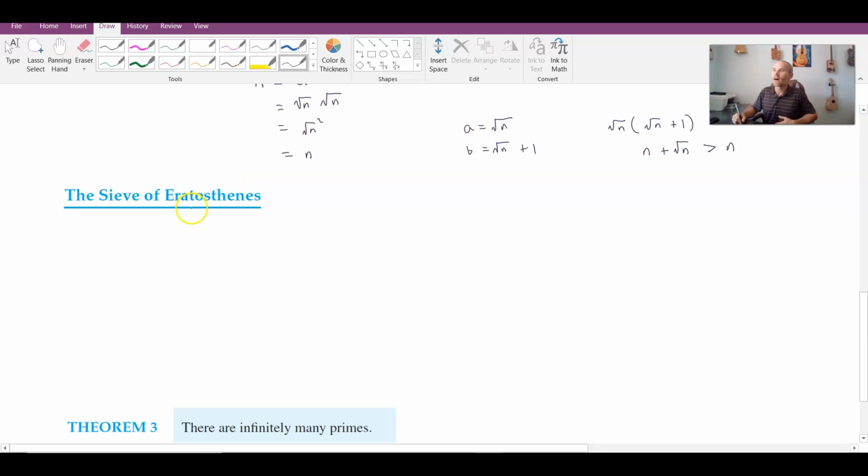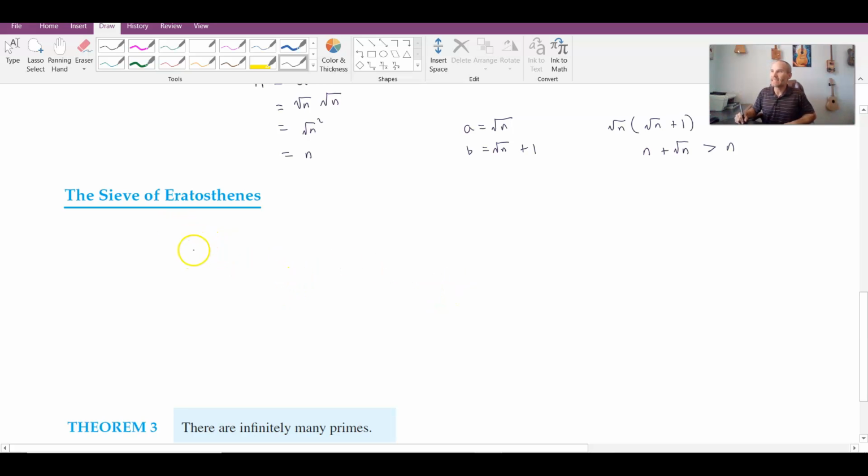So the sieve of Eratosthenes, I can never say his name properly, you can say that however you like, came from this mathematician, philosopher, of how to identify primes.